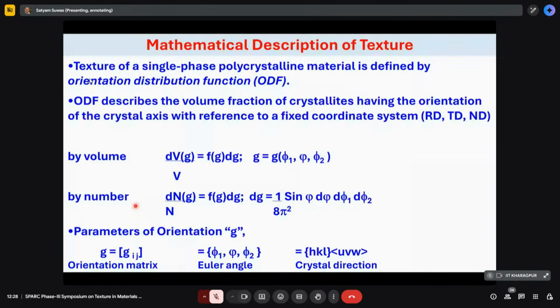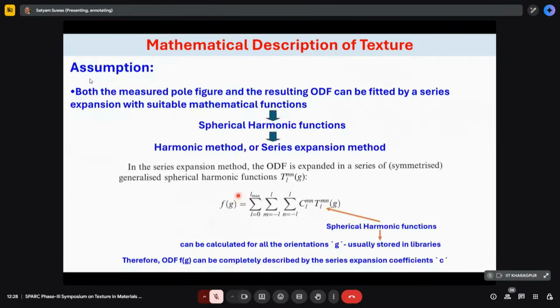This can be done in two ways. You can define a mathematical function called f(g), which is the ratio of the volume fraction of crystallites with orientation g with respect to the total crystallographic orientation. It can also be done by number, and in both ways you can correlate. And this f(g) is basically a spherical harmonic function, and this spherical harmonic function correlates g with f(g).